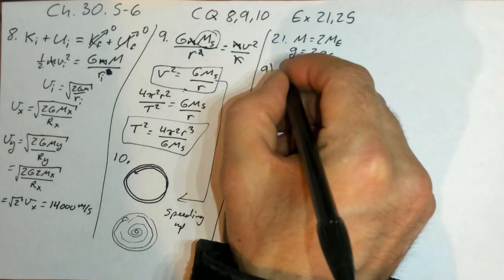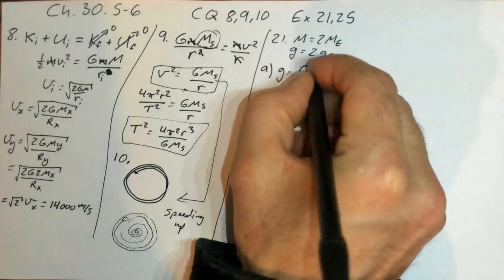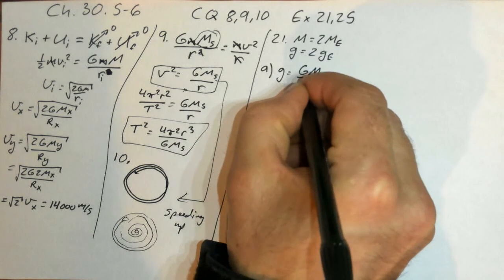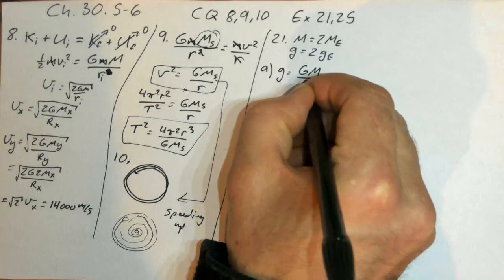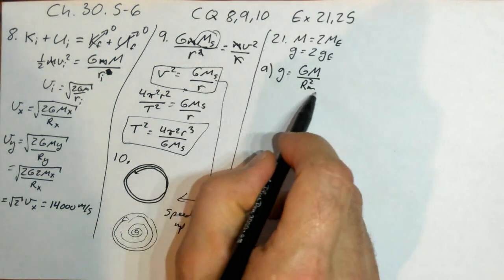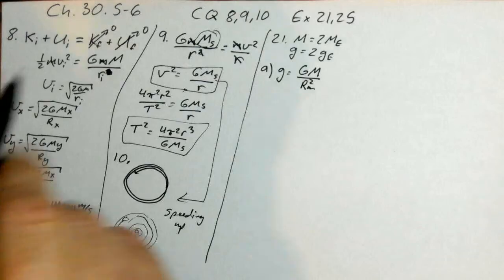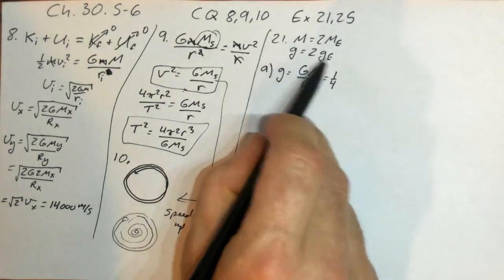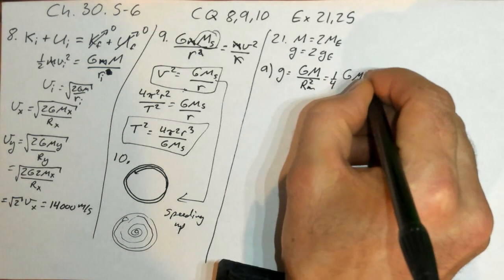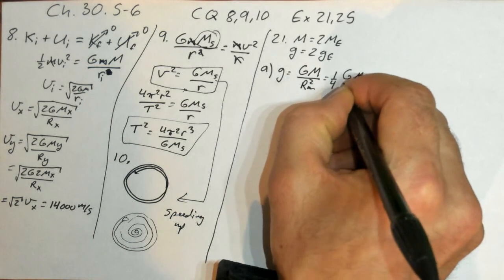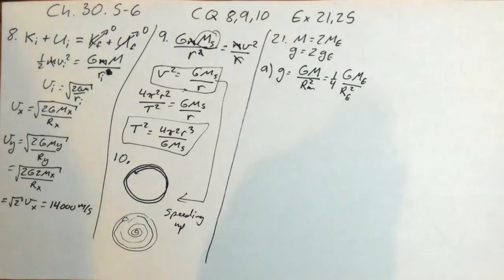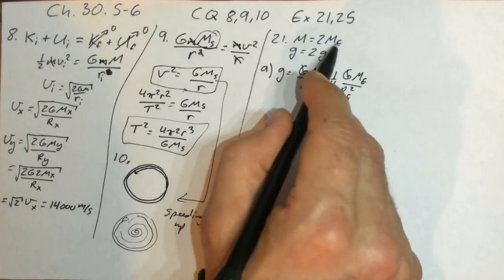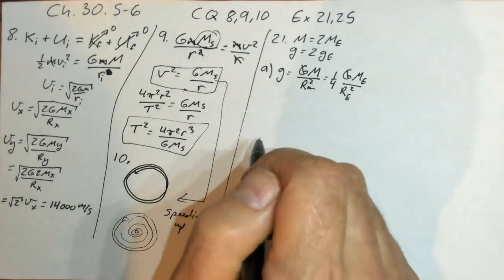Now, g is equal to big G, the mass of the object, divided by the radius of the object squared. If that is equal to 1/4 g of the Earth, which we know is G m of the Earth over R of the Earth squared, the G's cancel, and because I know m is twice the mass of the Earth, I can now solve for this unknown radius.